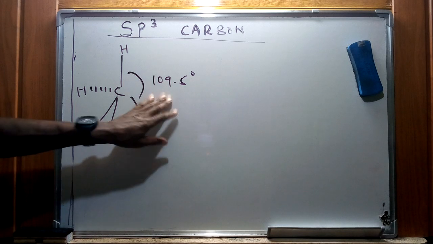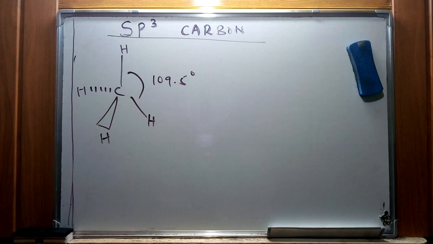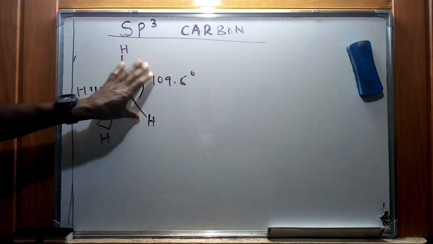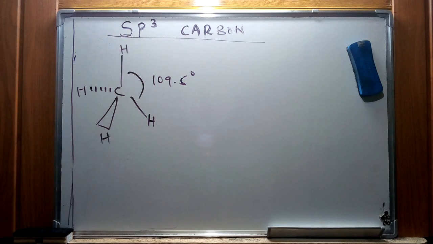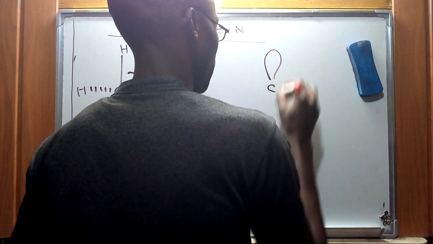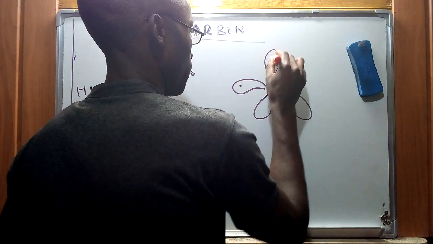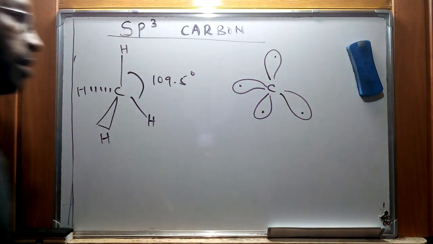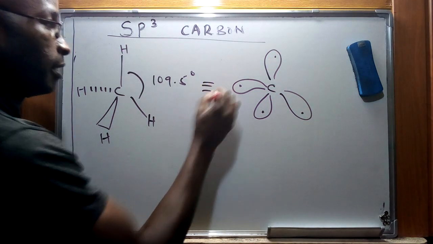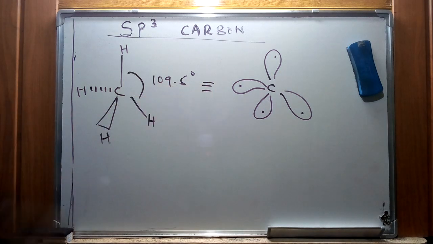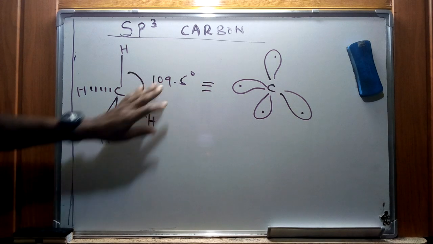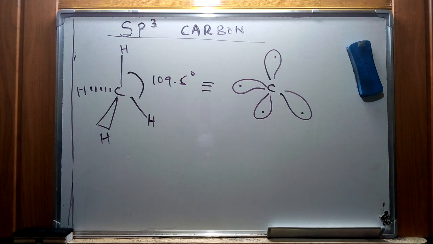Similarly, this is the bond angle displayed by the sp3 hybridized carbon orbitals, and I'm just going to give a figurative illustration of this. So these sp3 hybridized electrons also have a similar tetrahedral structure, whereby the bond angle is 109.5.